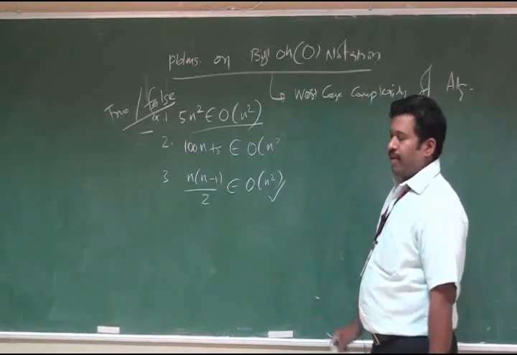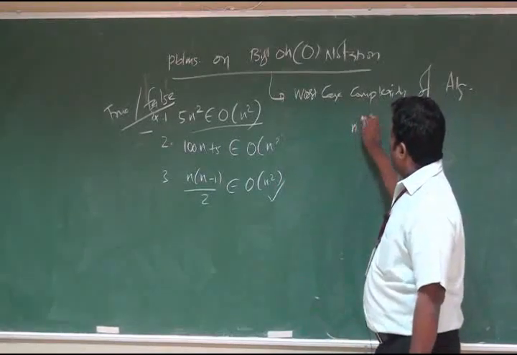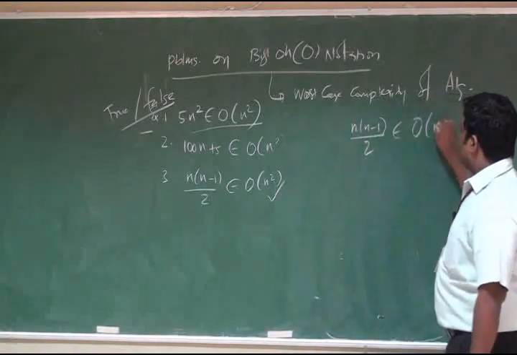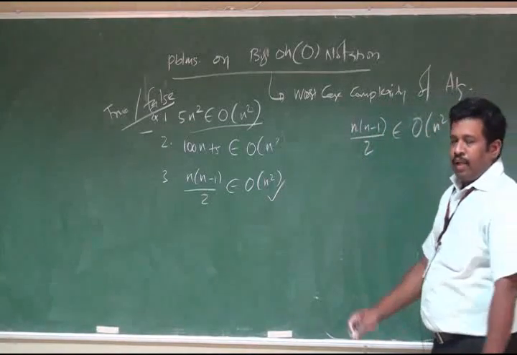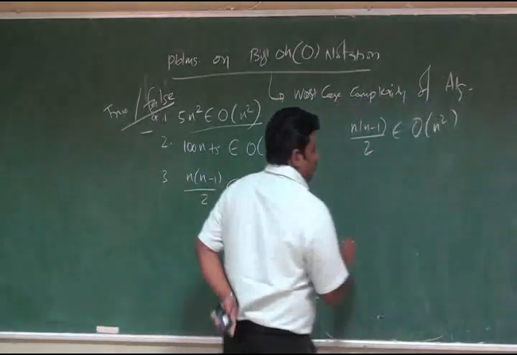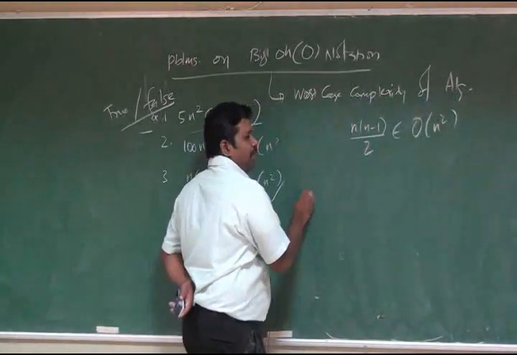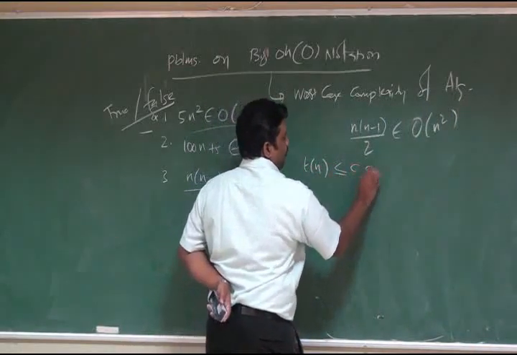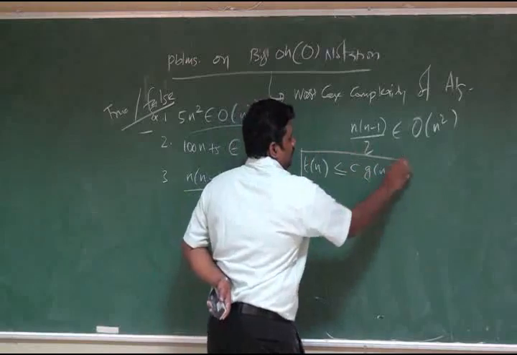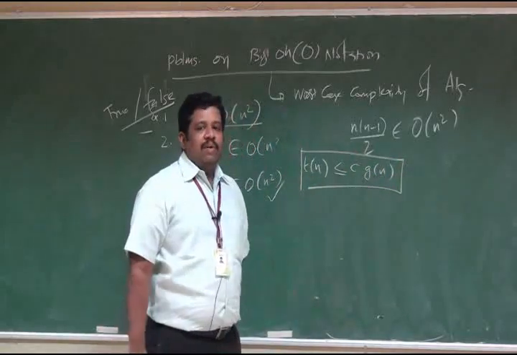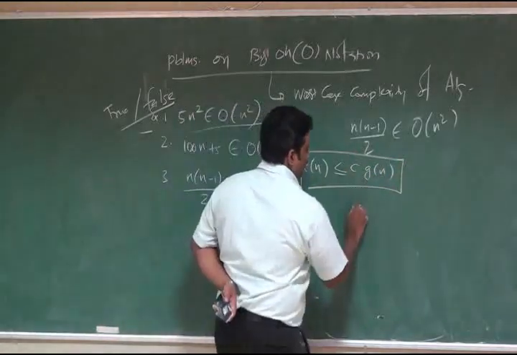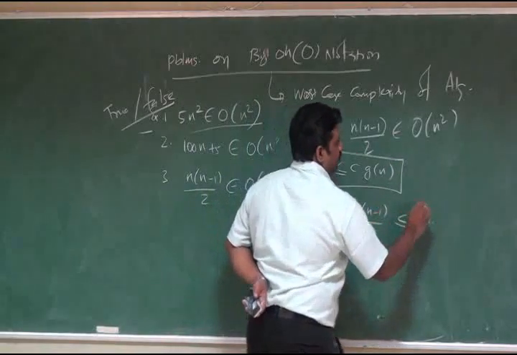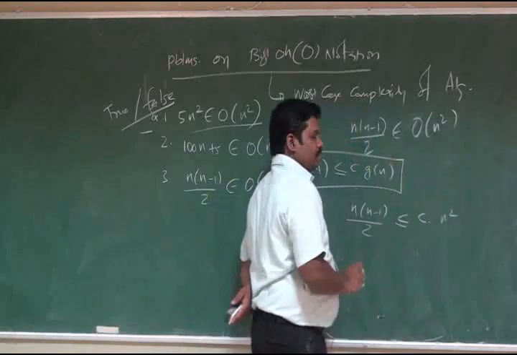Next let's see some fractional expressions here. n into n minus 1 by 2, whether it falls under big O notation of n square. From this it is identified that T of n has to be translated into T of n less than or equivalent to C into G of n. This is for worst case complexity. So convert this into a form: n into n minus 1 by 2 less than or equivalent to C into n square.